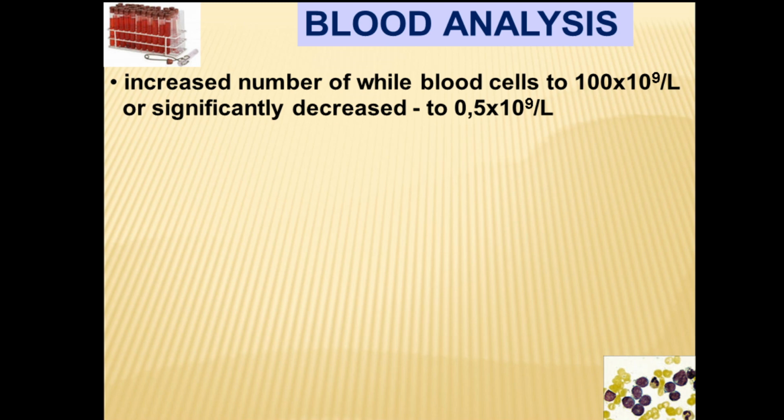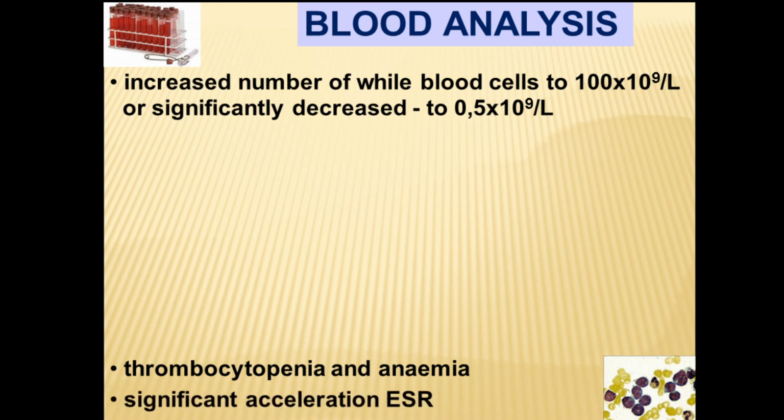In any case, there will be an increased or significantly decreased count of white blood cells, accompanied with thrombocytopenia and anemia, secondary depression of some parts of bone marrow, and significant acceleration of ESR. Normally ESR deviates from 2 to 10, or 15 in women. In leukemia, it's increased to 50, 60, 70 millimeters per hour.